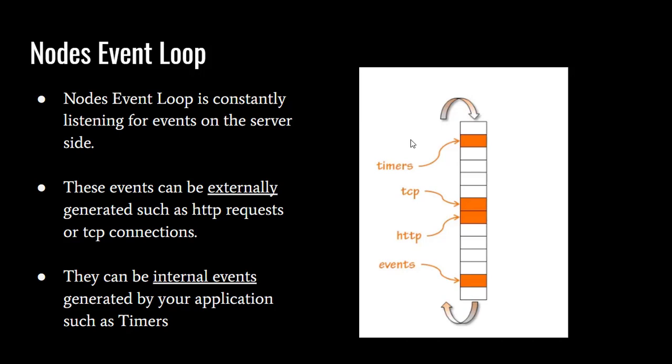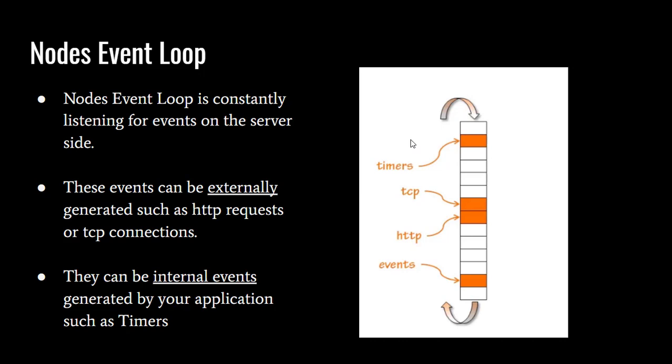So when that finishes, then the event loop will look at that. I'm getting ahead of myself here, but basically it's constantly looking on this queue for events. When we're talking about events, these events can be externally generated, like an HTTP request or a TCP connection coming in.